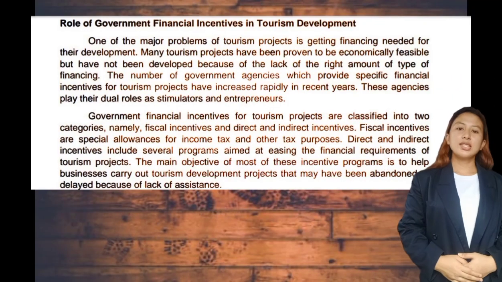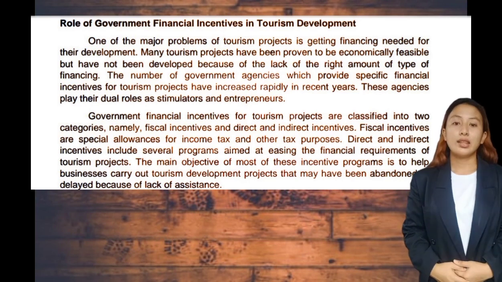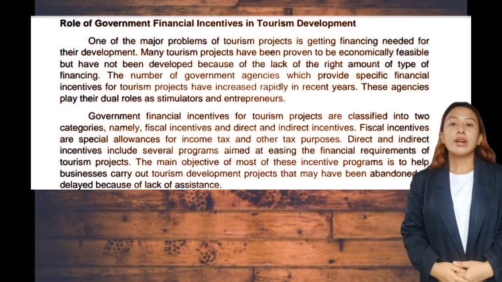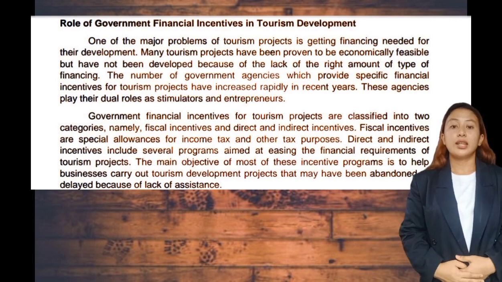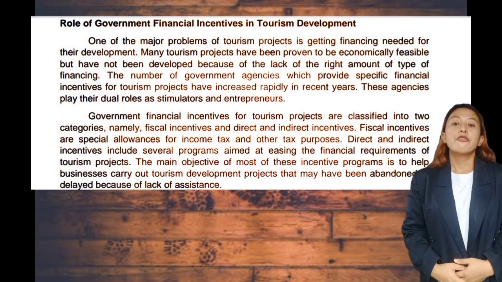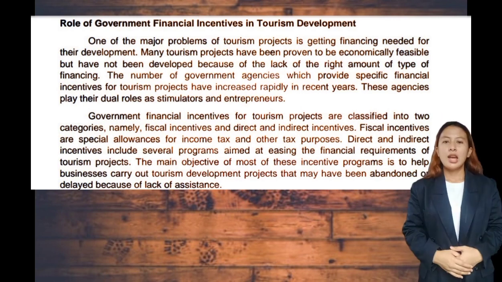Government financial incentives for tourism projects are classified into two categories, namely fiscal incentives and direct and indirect incentives. Fiscal incentives are special allowances for income tax and other tax purposes.